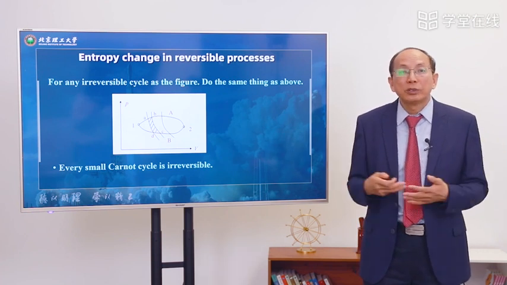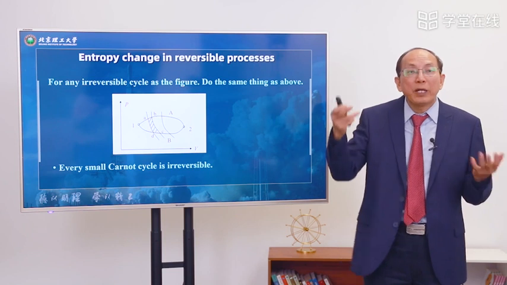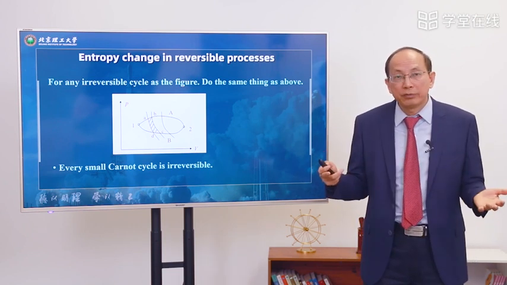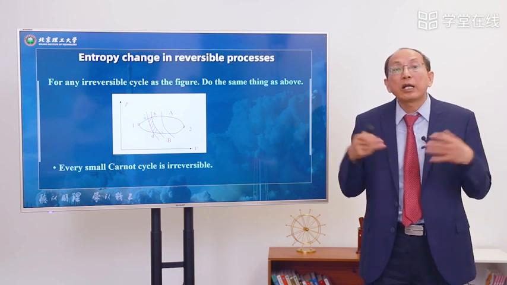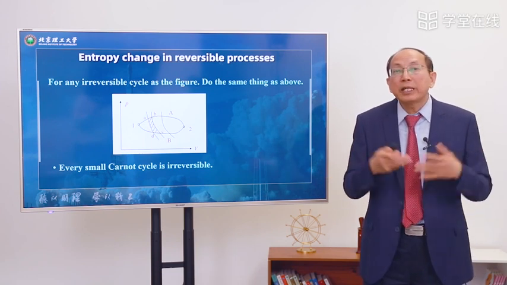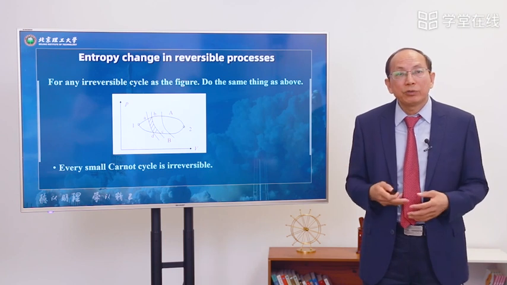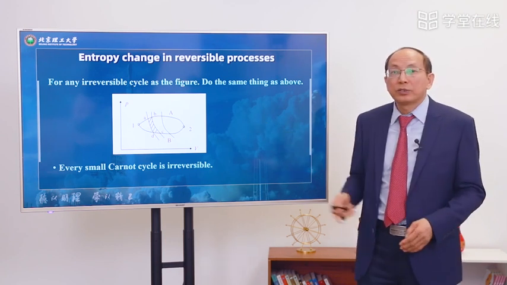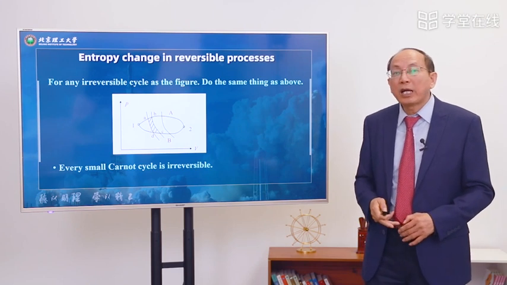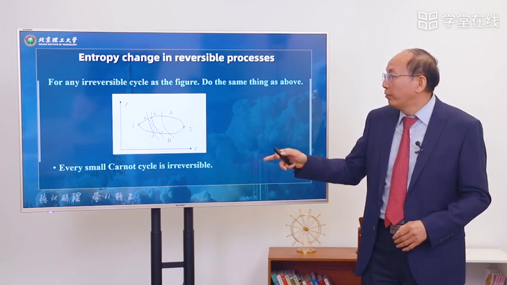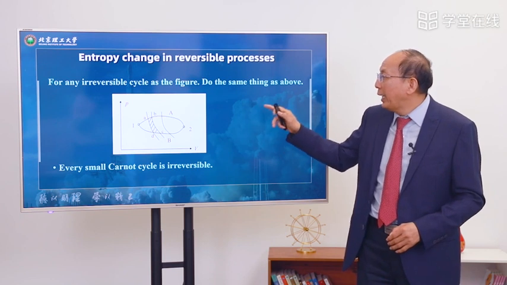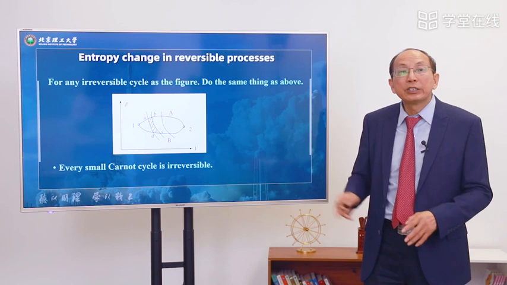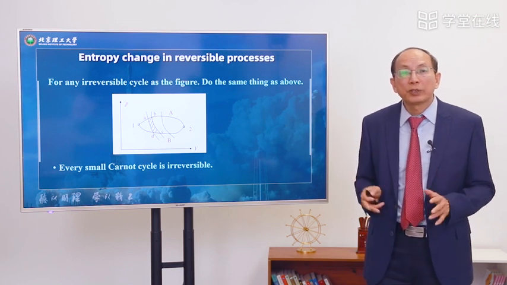We can use the Carnot cycle, the reversible cycle, and the Carnot theorem from the last several pages, and do the comparison the same way. In this PV diagram, suppose cycle 1A2, 2B1 is not a reversible cycle.